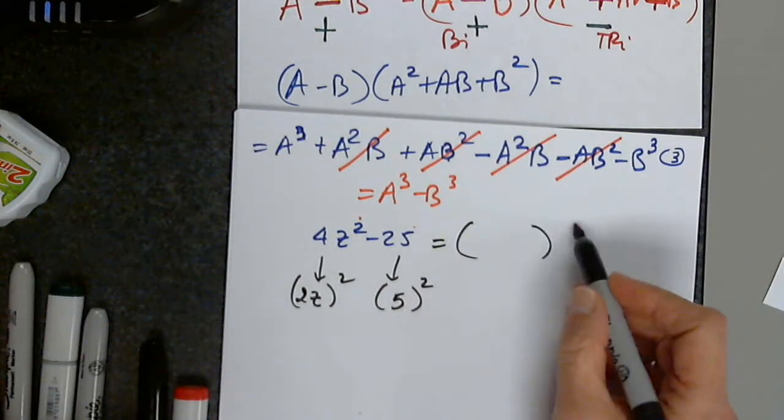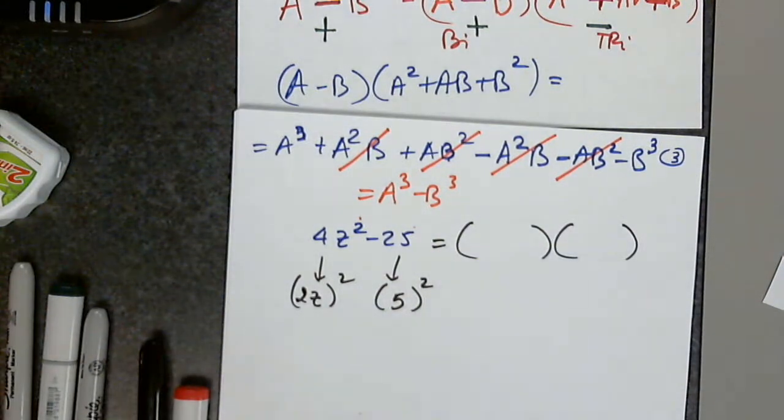So then I know the formula for the difference of squares. And what should I write? 2z plus 5 times 2z minus 5.